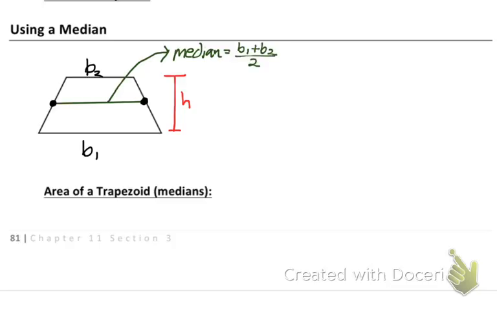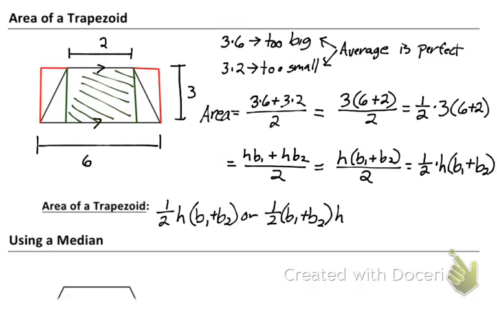Well, if we look back at our drawing up here, I had base 1 plus base 2 divided by 2, didn't I? That was already our average. It already is an averaged number. So if we look here, that base 1 plus base 2 divided by 2, if I multiply that by h, I have my area, because all of these are area formulas.